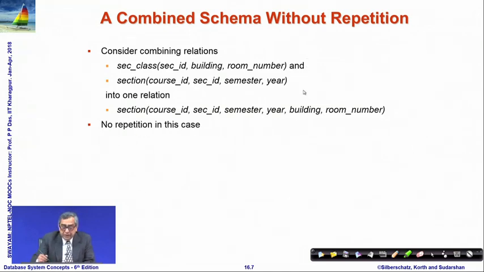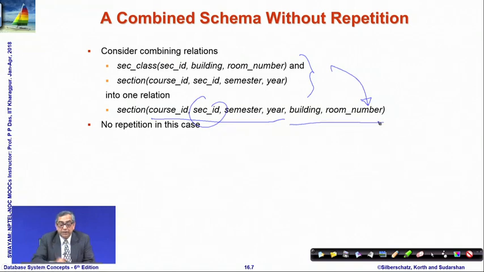So, if we have these relations combined into a common relation, then I have all of these coming from the section and these coming from the section class, but we can see that there is no repetition or redundant information in this case. So, it is not that combining schemas is necessarily always bad in terms of repetition or redundancy. So, different situations will have to be assessed.